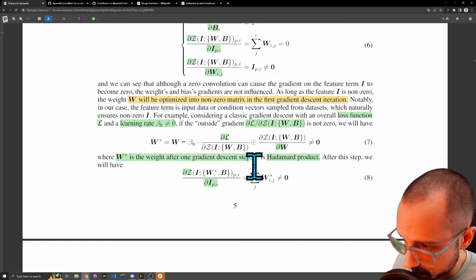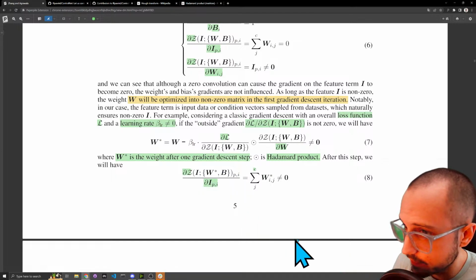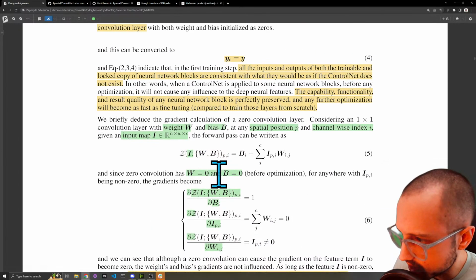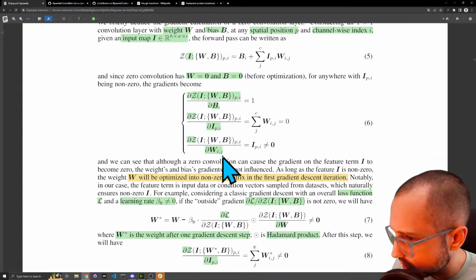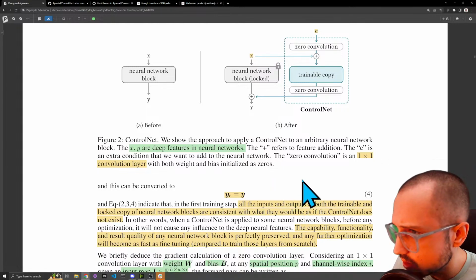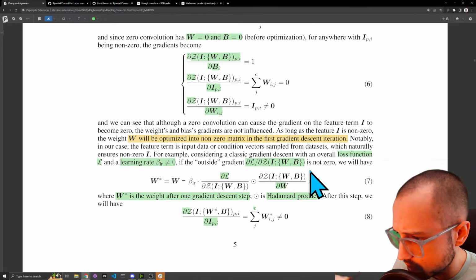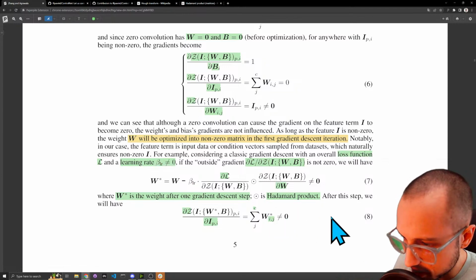So I think c here is channels, and I is basically the index of the height and width, I think, I and j. I'm not sure what I and j are. I think I and j are just the indices of the weight matrix.